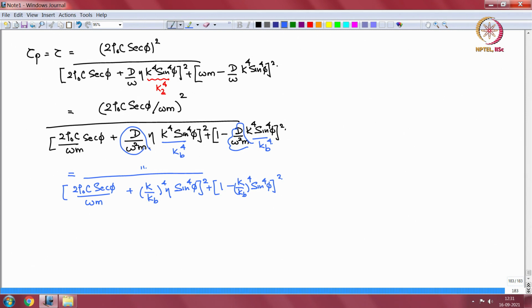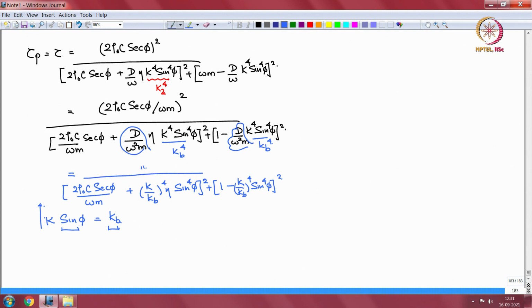Based on the frequency, because again we are saying that we have to equate k sine phi with kb, based on how high you are in frequency, you have a range of sine phi to match kb.